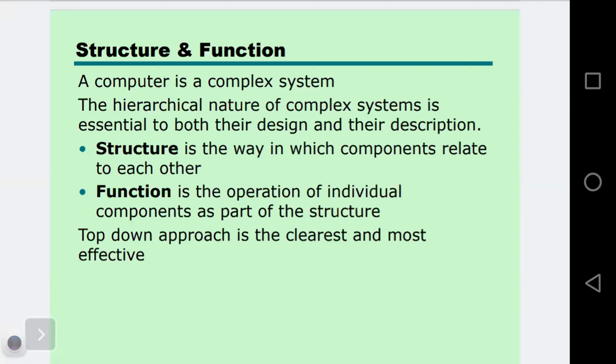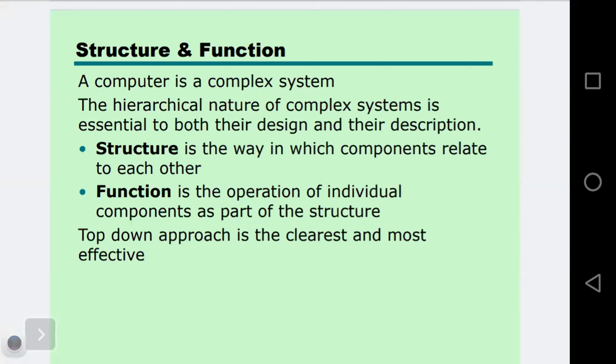Similarly, structure is how the different components are related to each other. And what is a function? Function is the operation of individual components as a part of the structure.